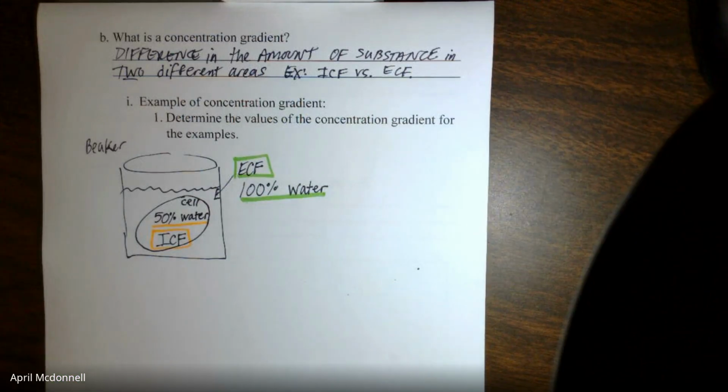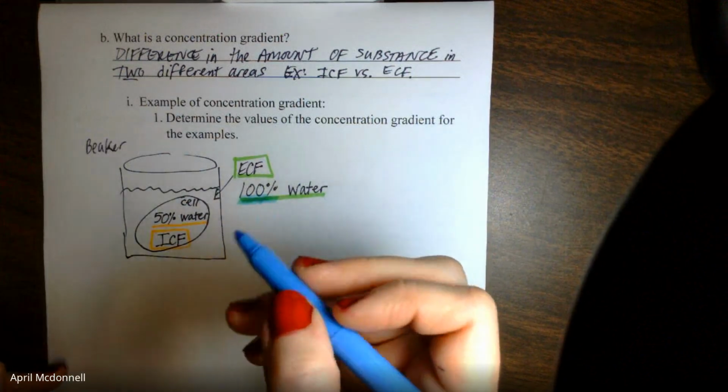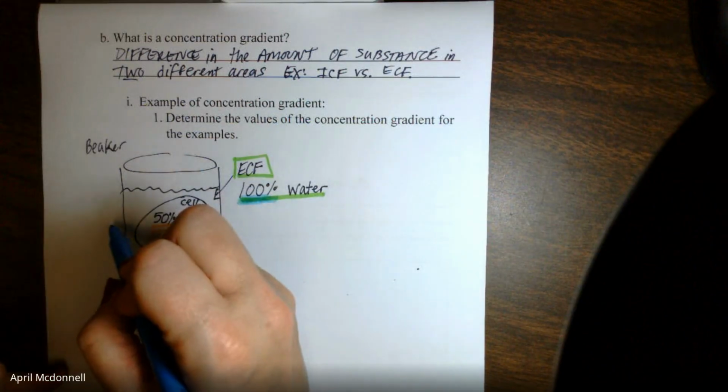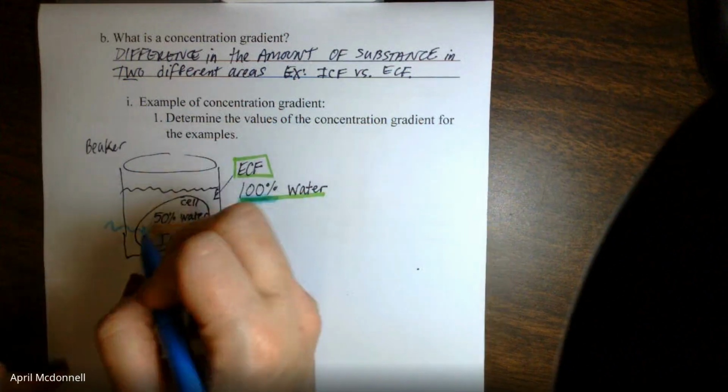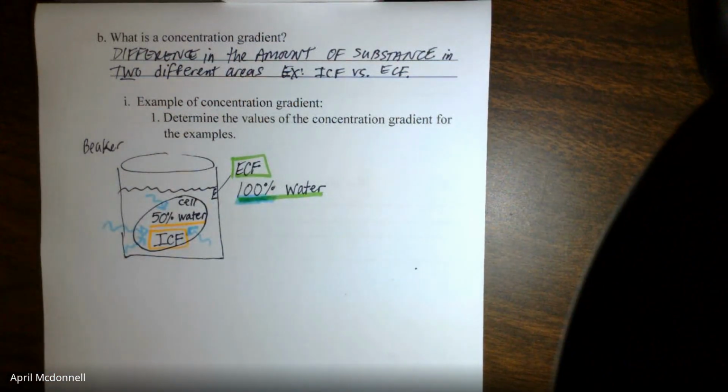We have a difference in the amount of water in two different areas. According to diffusion, substances will move from an area of higher concentration to lower concentration. Therefore, water, which is higher out here, there's 100% out here, is going to diffuse into the cell. Water diffuses in.